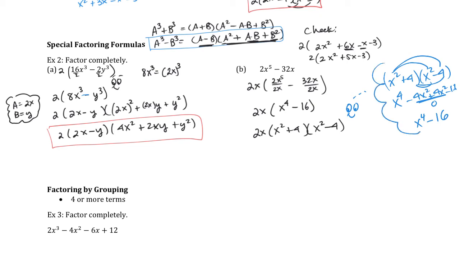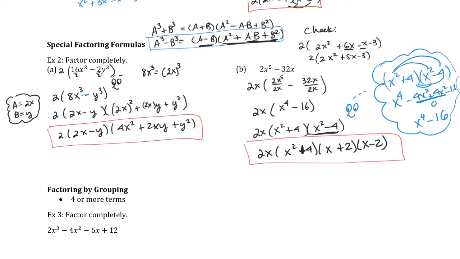So I factored that correctly, but I'm not done. This is another perfect square. x squared plus 4, that one is done, that's prime because of the addition here, it won't factor anymore. But this next one is a difference of perfect squares, so that would factor as x plus 2, x minus 2. Okay, wow, that one factored quite a bit.